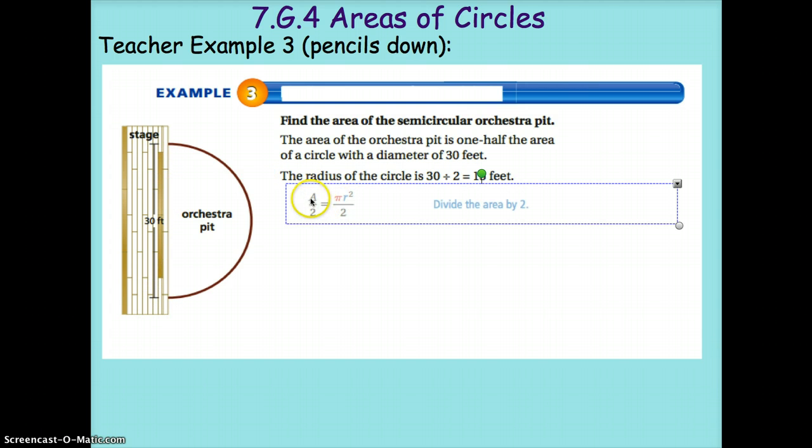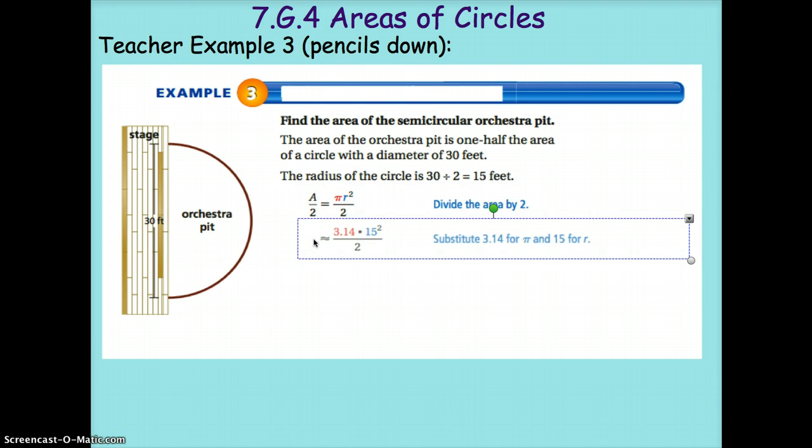Now, I have my formula. Notice I don't want the area of the entire circle. I want to divide it by 2 because I want half the area. So that's why we've got all this divided by 2. We can plug pi in, and notice it didn't say what to use for pi, so the easiest thing would be 3.14. We've got our 15 squared here.